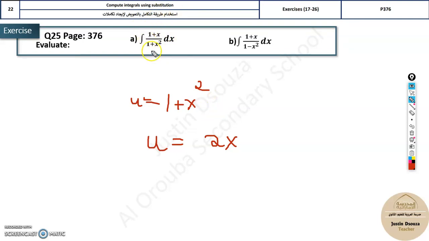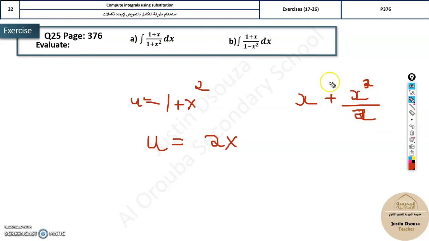For such problems, you must have x plus x to the power 2 by 2 in the denominator. Only if you have this, then you can get the above term when you solve.